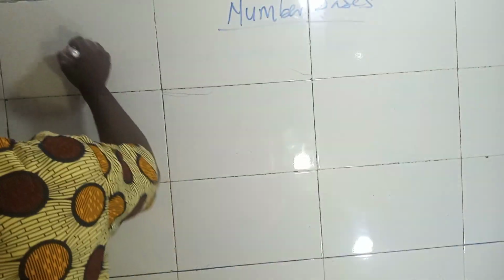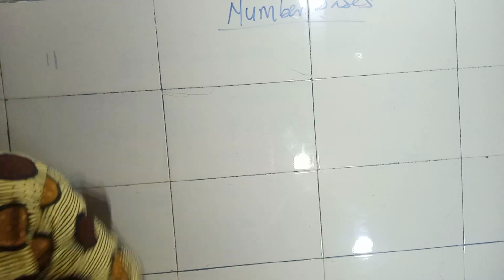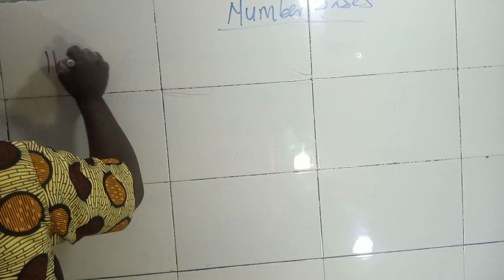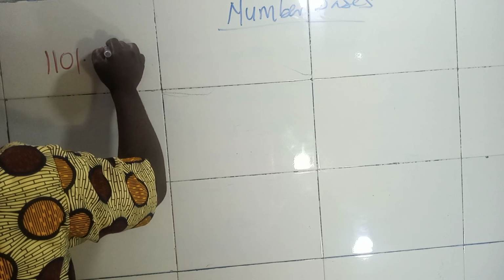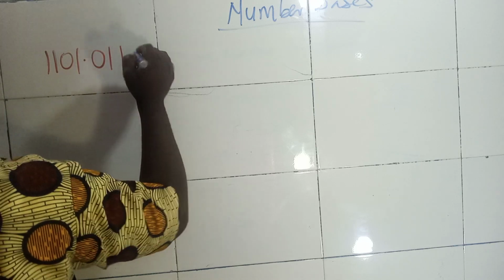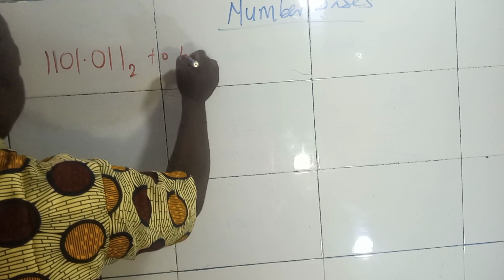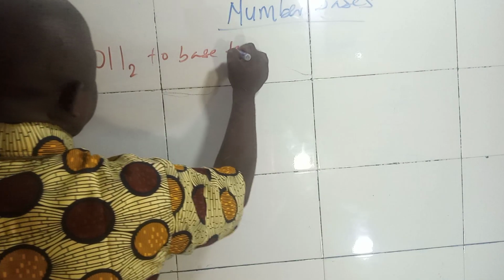You can have 1, 1, 0, 1.011 base 2, let's say to base 10.